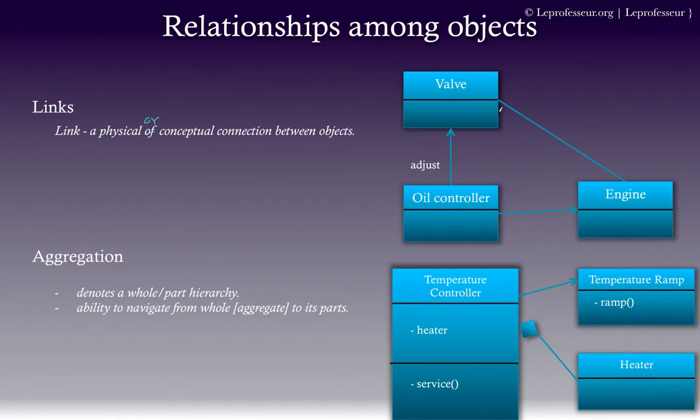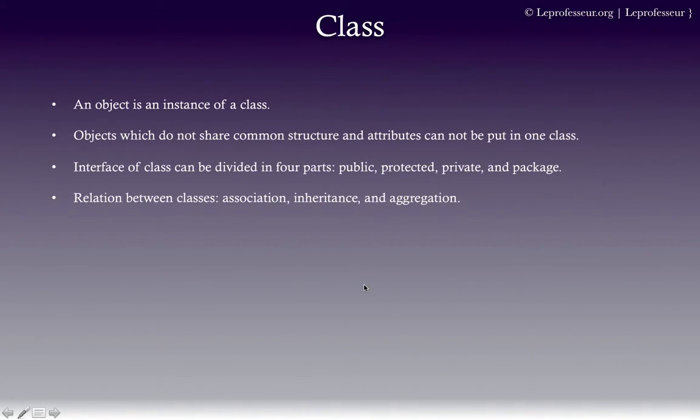And notice here that the heater is a part of the temperature controller, and this diamond shape is showing the aggregate relationship. And this is a UML notation again. So the basic idea here is that the objects are linked via links or via aggregation.